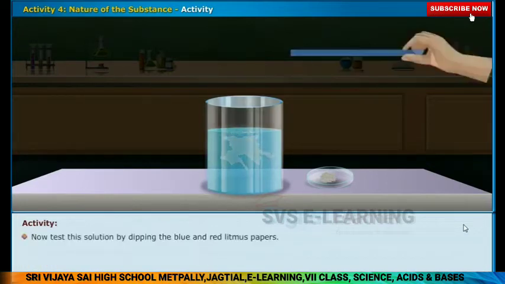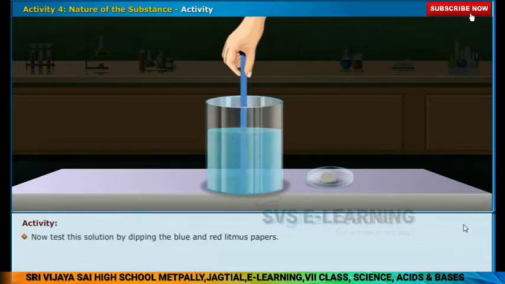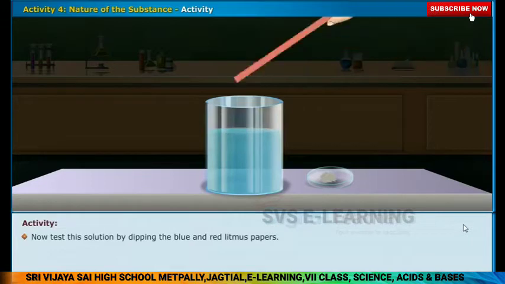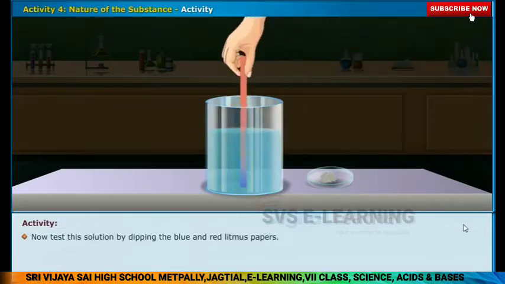Now, test this solution by dipping the blue and red litmus papers. Observe the changes in the color of the litmus papers.